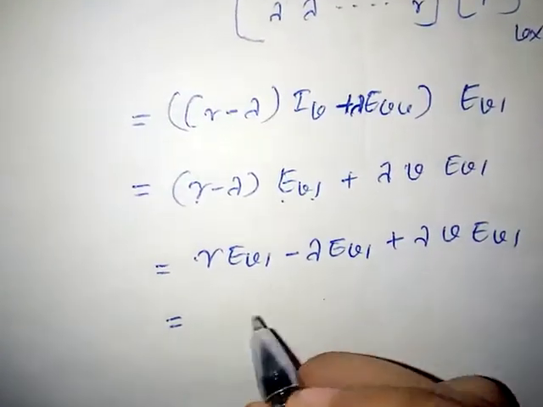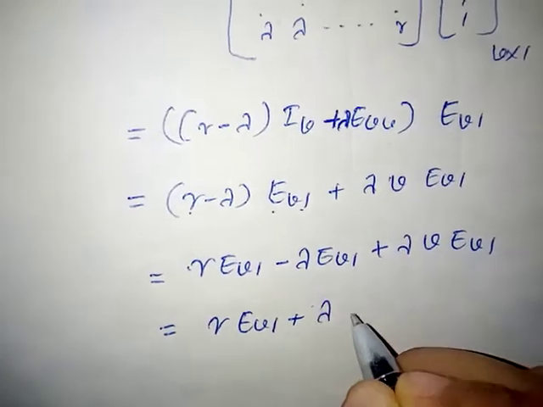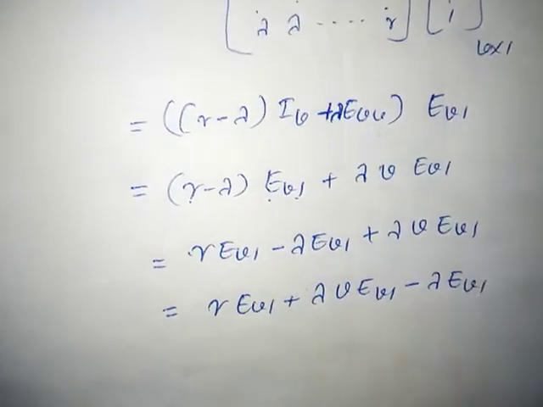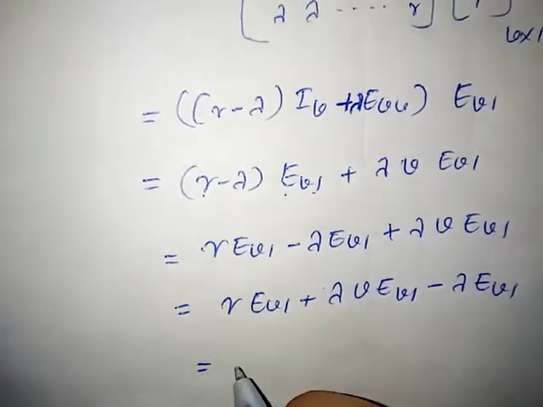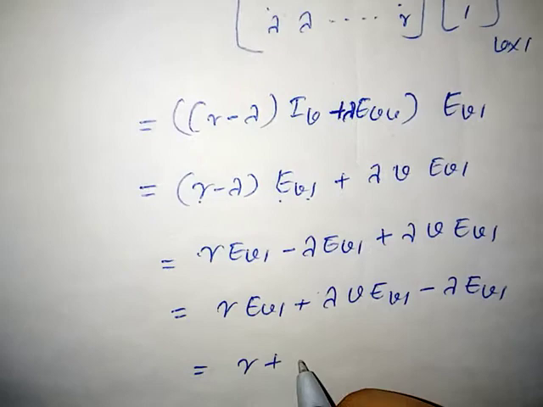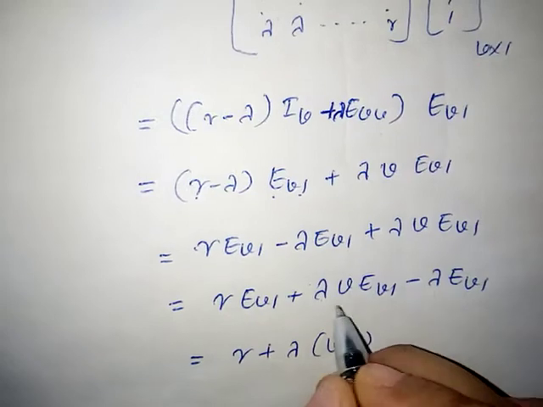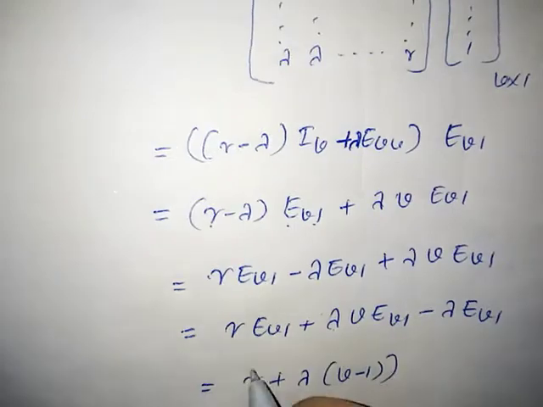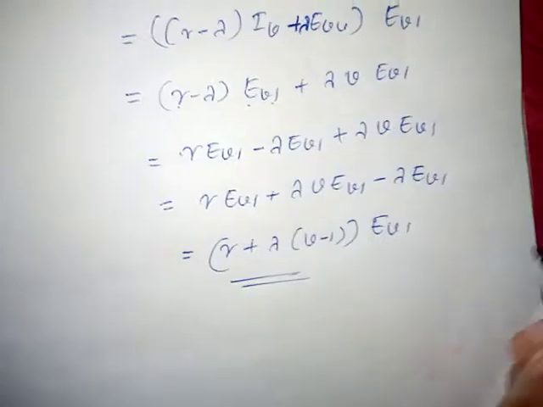We can write this as r E_v1 plus lambda v E_v1 minus lambda E_v1. Then take the common term lambda outside, that is (r plus lambda (v minus 1)) times E_v1 for the whole term. Equation 1.